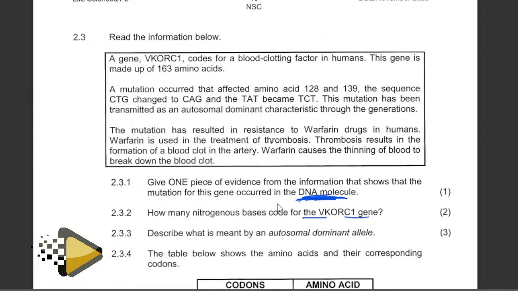Yes, someone is saying it has thymine. Correct, because of the presence of thymine. So you are going to say 163 amino acids times 3. So the answer you get is what? Let me see, how much is it? You calculate. Let me know the answer in the comment.